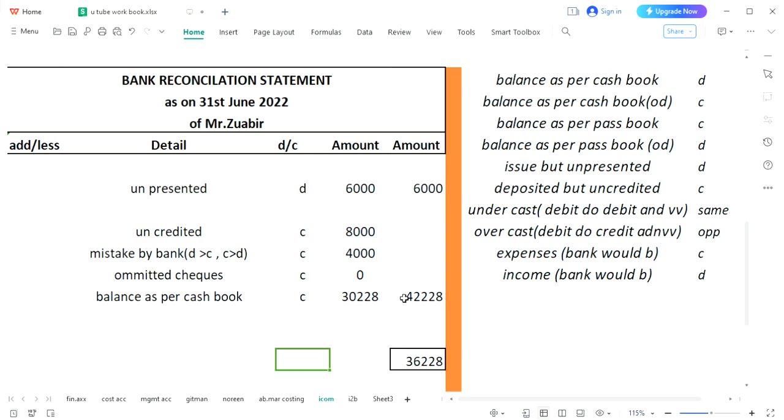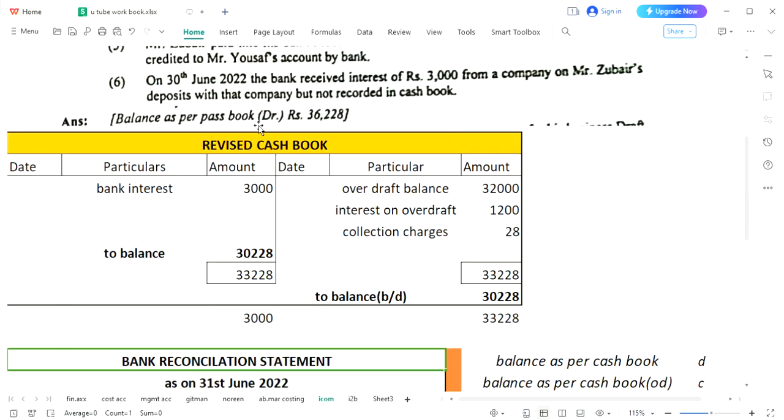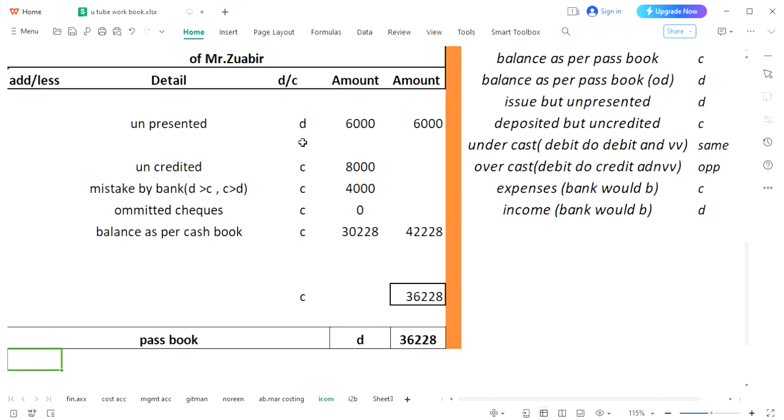The credit side is the larger sum, so the sign will be credit, and finally you will put the answer. And since everything we have posted over here, this question started with the cash book, so here you will put passbook, and the answer was credit. Opposite to this is debit, and the same answer you will post over here, and you can check the answer. Passbook debit 36,228. Passbook debit 36,228. So in this way our question has been completed.